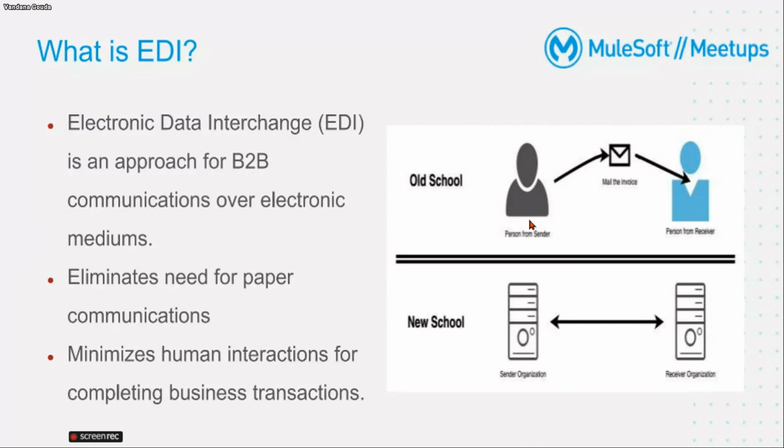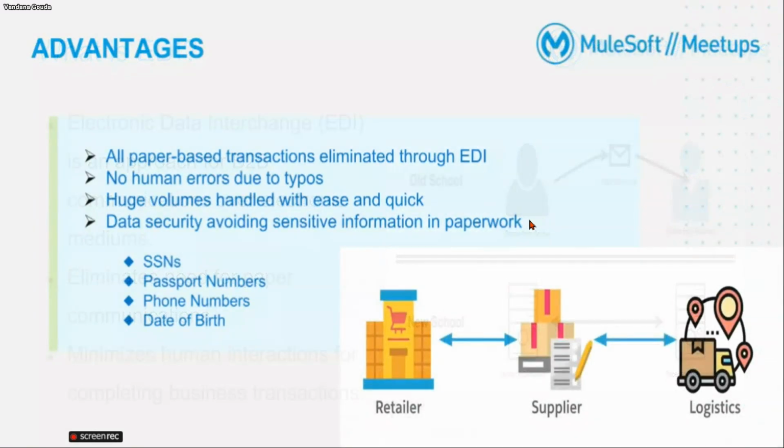So to minimize the human error I already discussed, we can use this B2B transaction as EDI. Okay. Then we'll see more advantages. I already discussed the paper based transaction. Now everything is electronic or wire based, so there are no human errors due to typos.